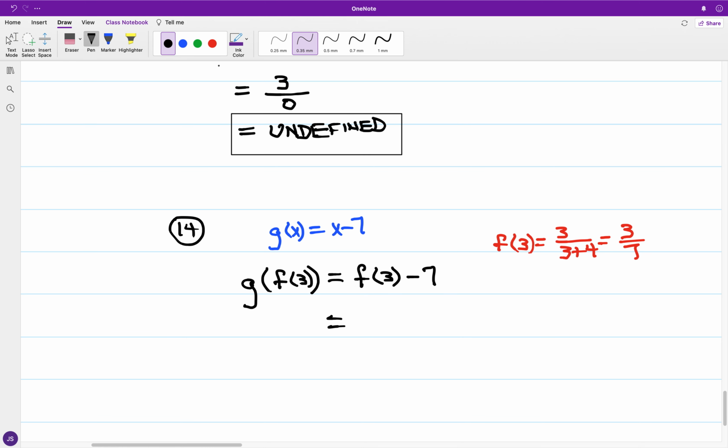And for what we have in following through, okay, so you have 3/7 minus 7. All right, so you have 3/7.